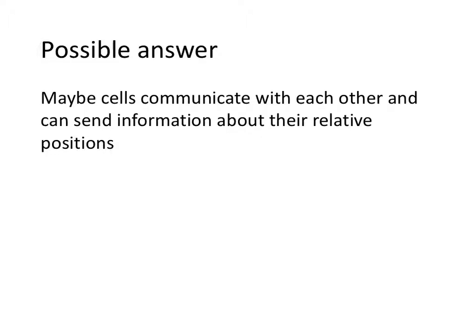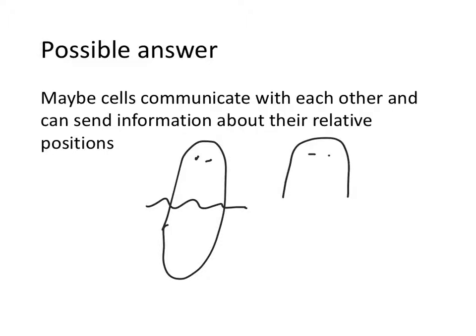So if you had a planaria with eye spots and you cut that planaria in half, one hypothesis was that there might be some sort of signal that's produced in the anterior that diffuses through the body, and that gradient would instruct cells where they are in the body relative to how much of that signal they're receiving.